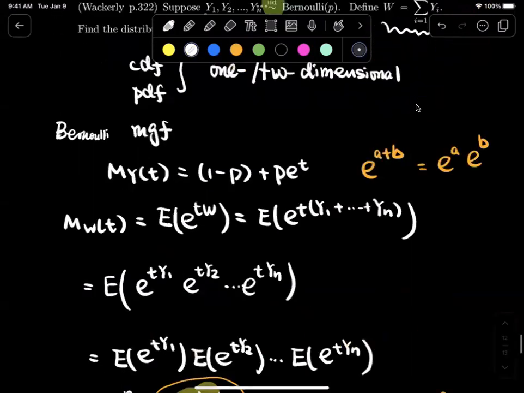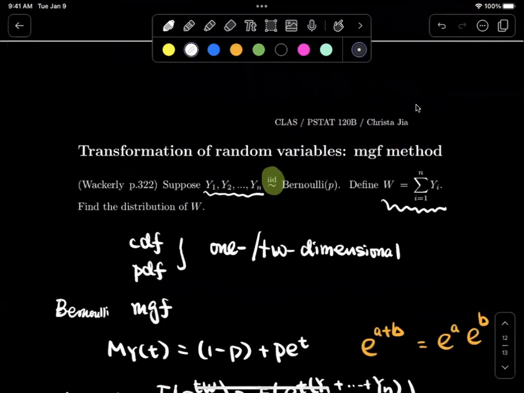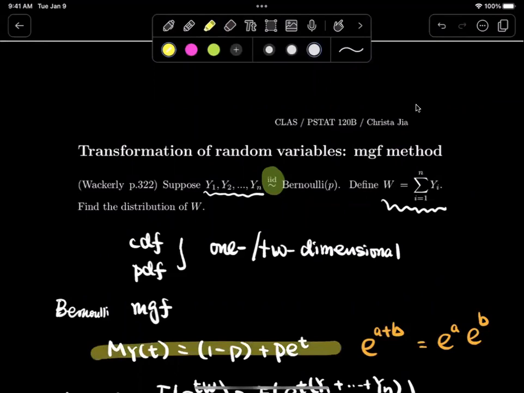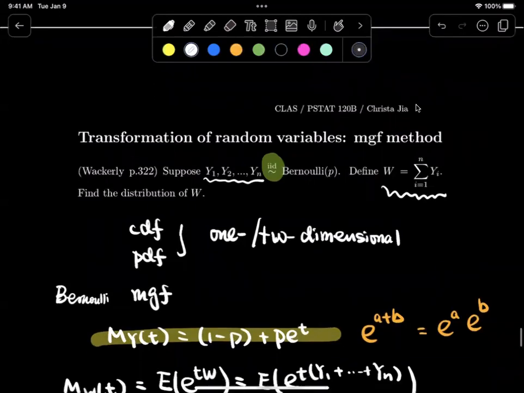And let's go back to the IID part. y1 through yn, they are not only independent, they are identically distributed. And because they all have the same distribution, they all have the same MGF, which is the MGF of a Bernoulli random variable with parameter p. So let's go ahead and plug that in.